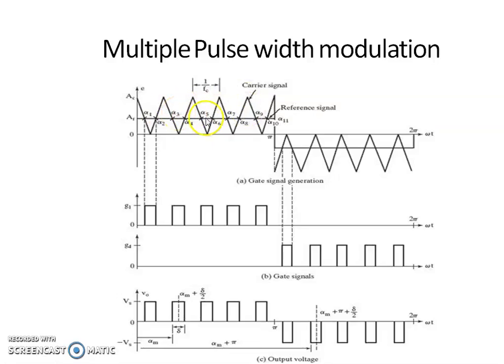We are comparing a rectangular reference signal with the carrier signal, and we are obtaining an output gate signal, and this gate signal is used to gate our switches Q1, Q2 and Q3, Q4.